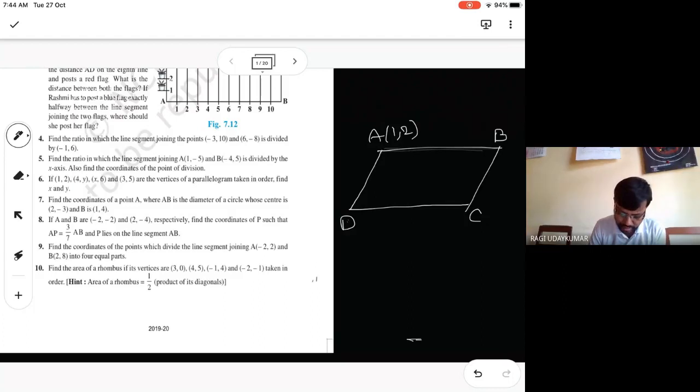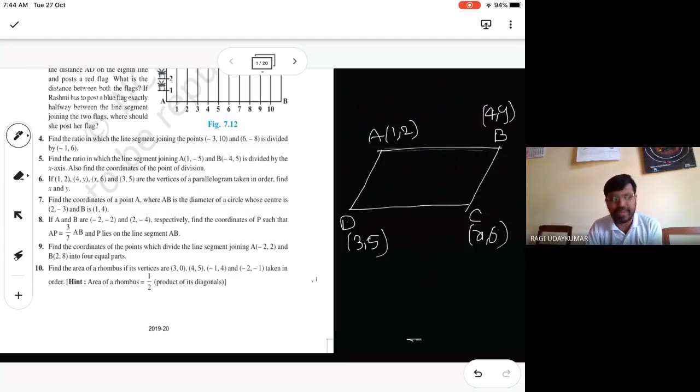So this is very simple problem. B is 4 comma y. C is x comma 6, and D is 3 comma 5. Okay. Vertices of the parallelogram in the order. Find x and y. X and y find out. So very simple. If you join the diagonals bisect each other.